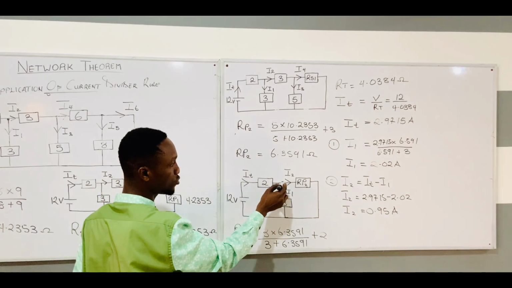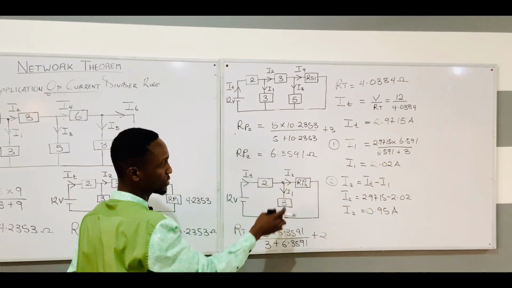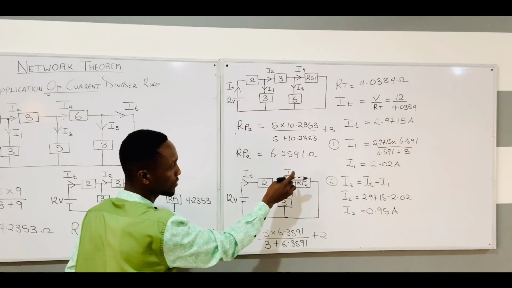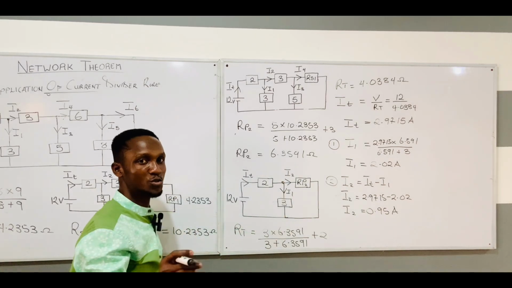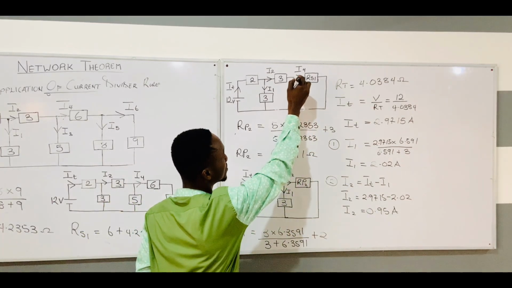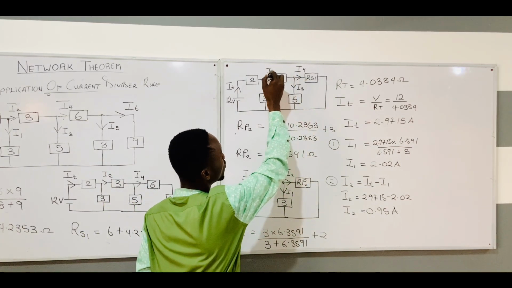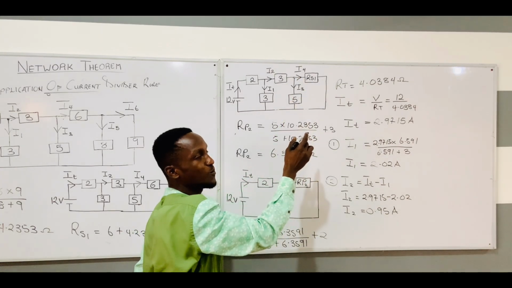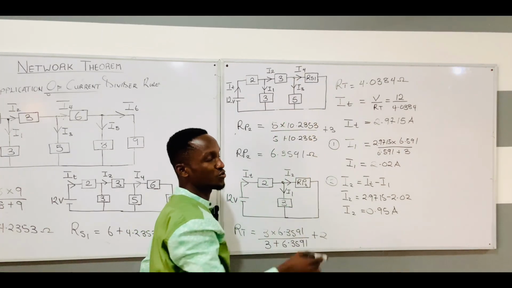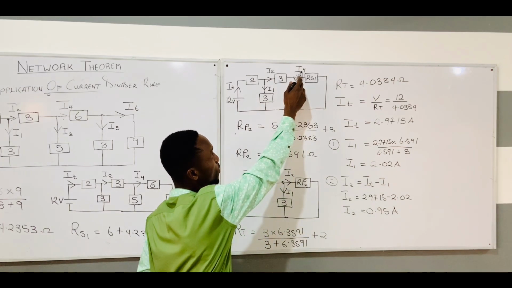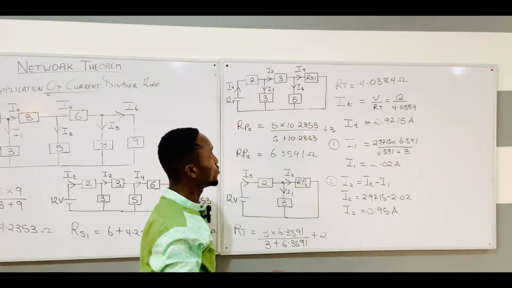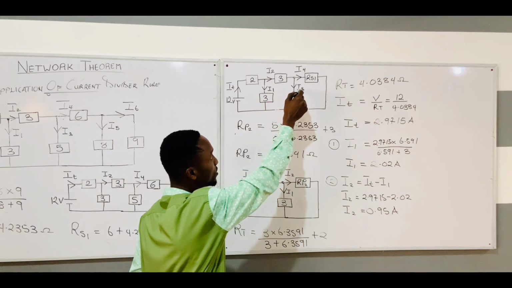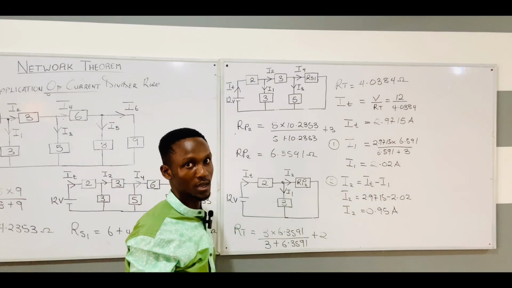It went to this node, one was here, one was here. So now this I2 becomes the source current supplying this junction. When I2 gets to this junction, a portion will drop here to form I3 and a portion will continue to form I4. So now we will use I2 to calculate for I3 and I4. That is all I'm saying.